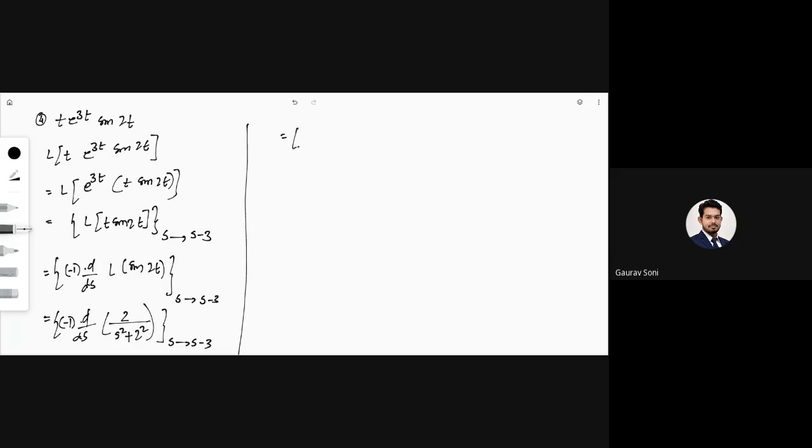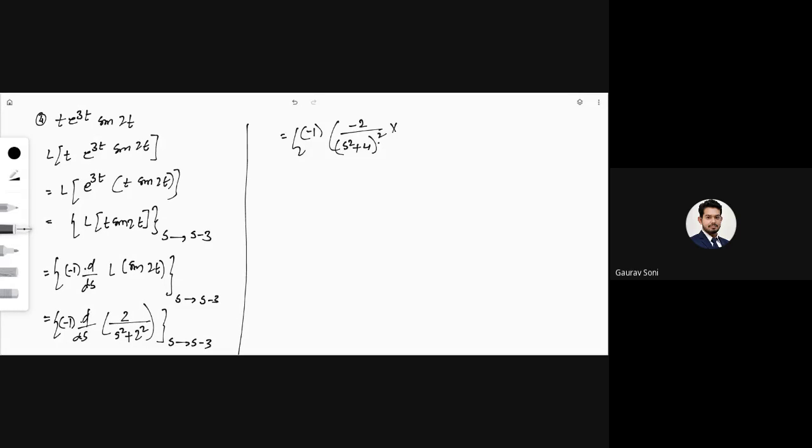Now this is equal to minus 1 d by ds. Let's take the derivative now. So derivative of 2 upon s square plus 4: 2 is a constant, and it is simply like taking the derivative of 1 upon x. So that will be minus 2 upon s square plus 4 whole square.